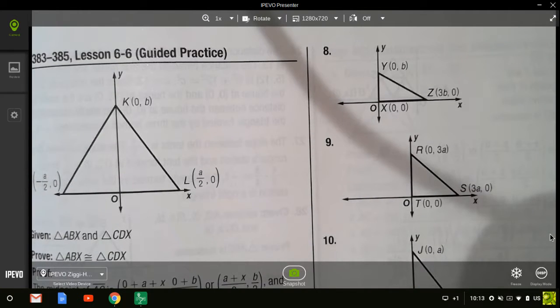So, what do you think X is in relation to A and C? How can you prove that to me? Midpoint formula. Okay, between what two points?